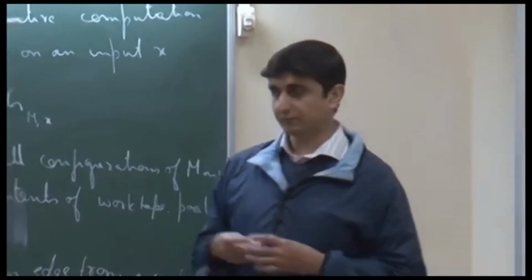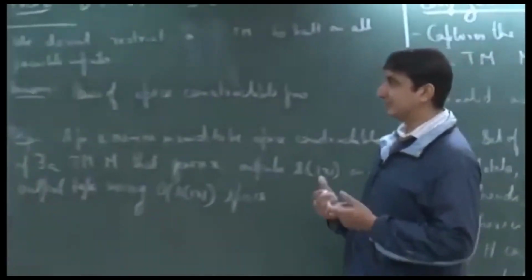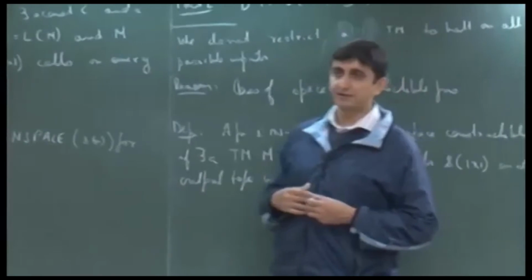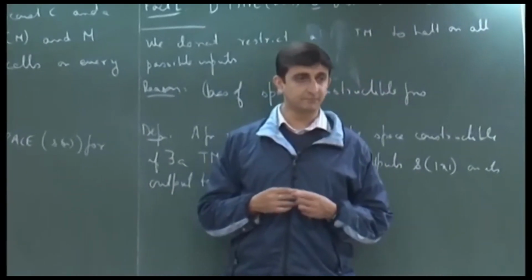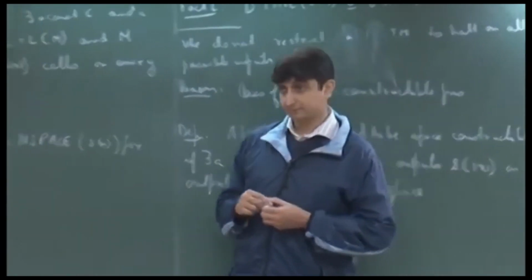So, from C it can go to, let us say, either a configuration C prime or a configuration C double prime.